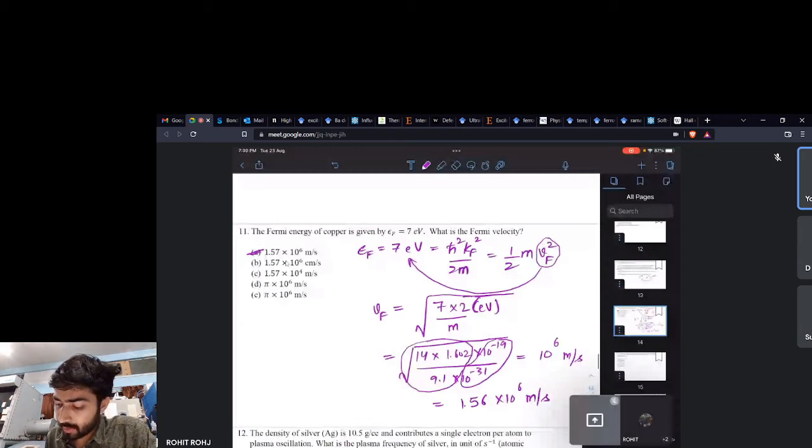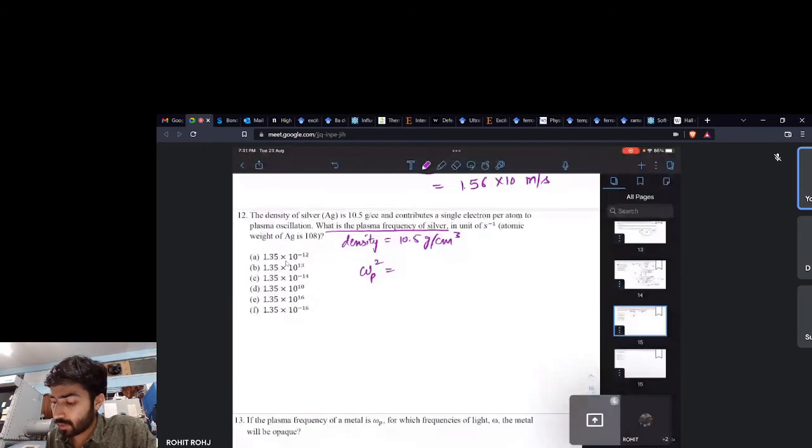Now the plasma frequency omega p square is given by 4 n pi e square by m. If one plugs in all these values by calculating the electron density from the information given to us, 10.5, I've seen that this will not help here.